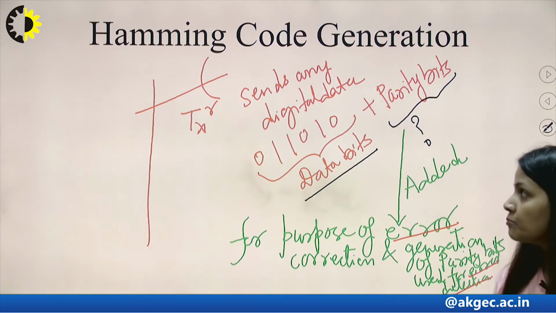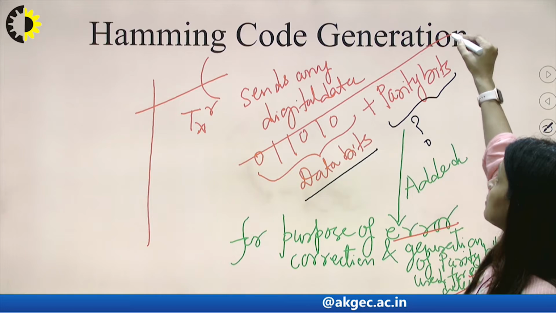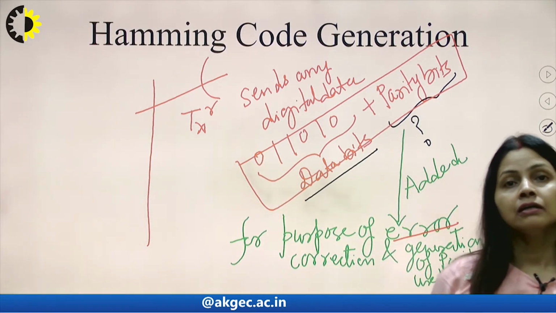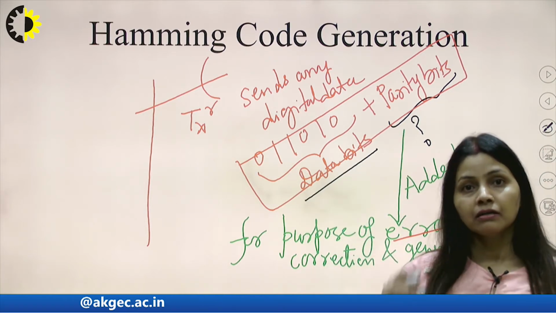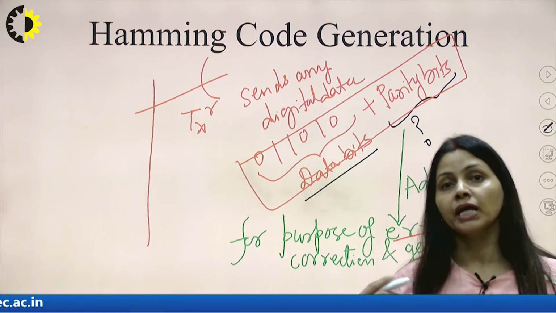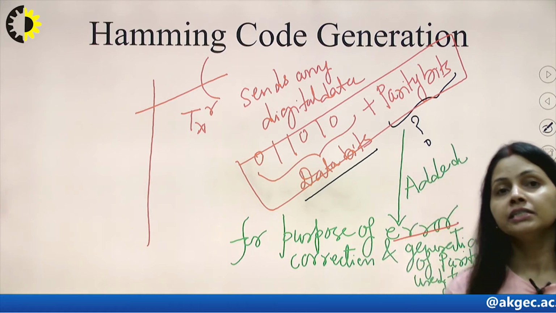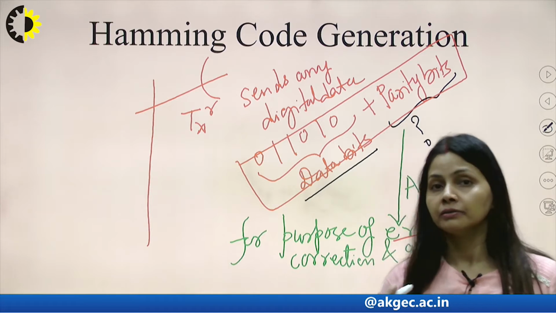So here it is important. So data bits plus parity bits are sent, and the code, how these parity bits are embedded into the data, where the bits should be added, these are all we are going to understand in this Hamming code generation topic.